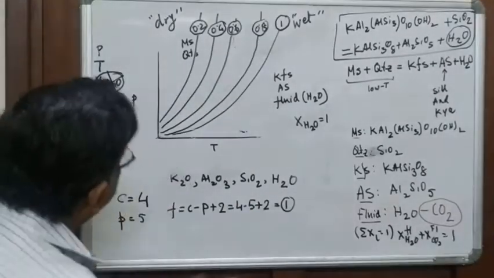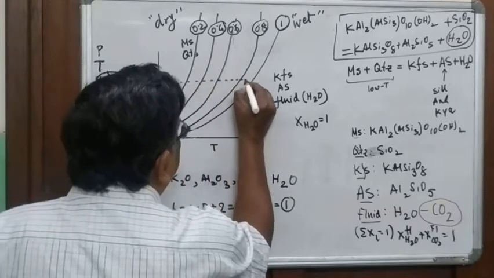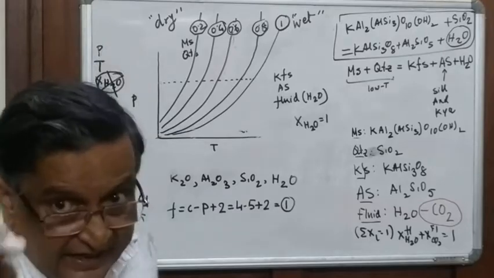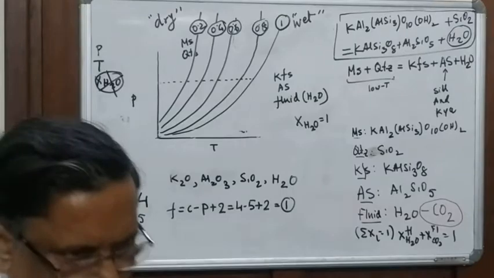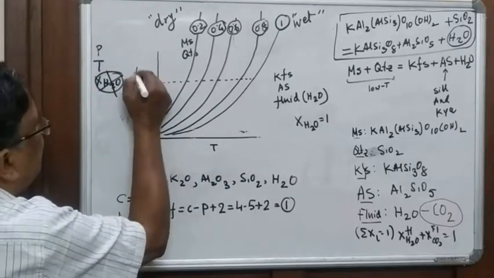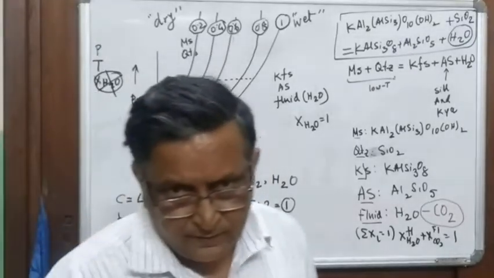Which means that if you assign a particular pressure value, one of the unknowns, that means you write P is equal to 5 kilobars. That means P is equal to 5 kilobars is an equation.